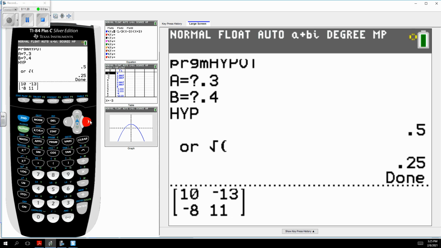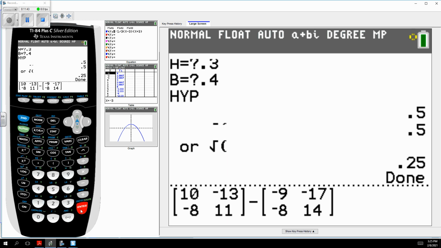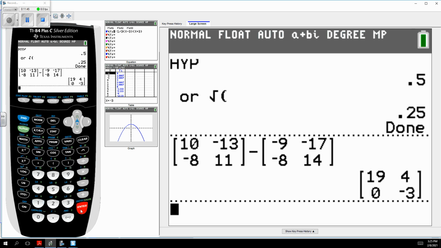You should be good enough after practicing that this isn't that hard to enter because of this matrix option. Negative 9, negative 17, and what's that? Negative 8 and 14. And that should give you the answer straight out, does it? 19, 4, 0, negative 3. It's K.